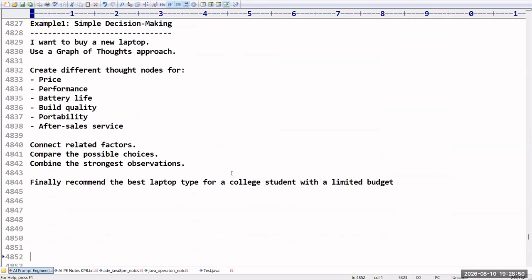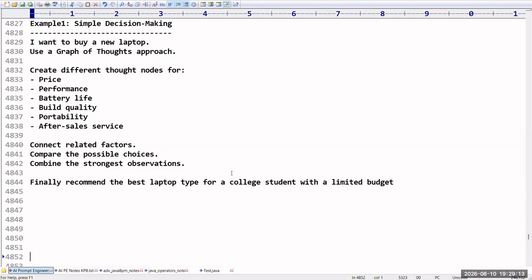Means different paths it will generate. Create different thought nodes for price. For price related, one branch, one edge will be there. For performance, one edge will be there. Battery life, one edge. Build quality, one edge. Portability, one edge. After sales service, what will be?